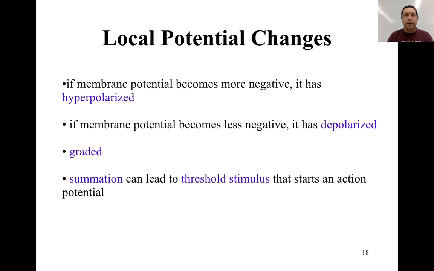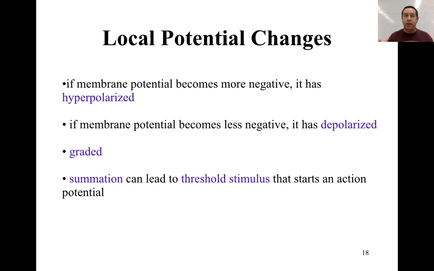If the membrane potential becomes more negative, we say the membrane becomes hyperpolarized, and it's less likely to produce an action potential. If the membrane potential becomes less negative, we say it's depolarized. Like I said, oftentimes it's not a single potential or single signal, but many.